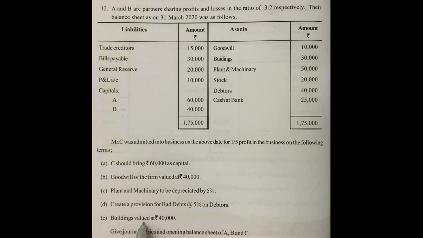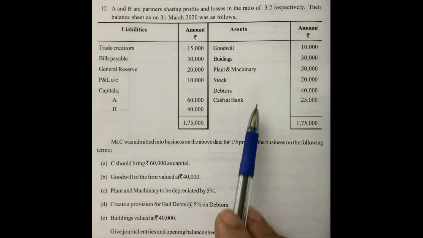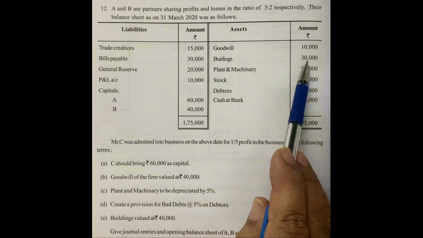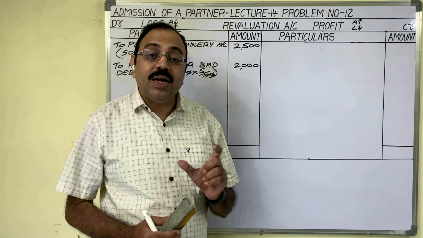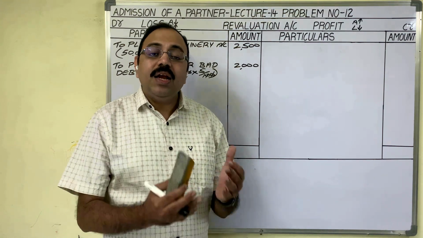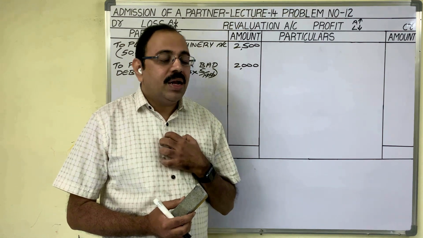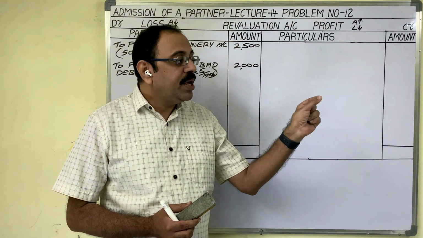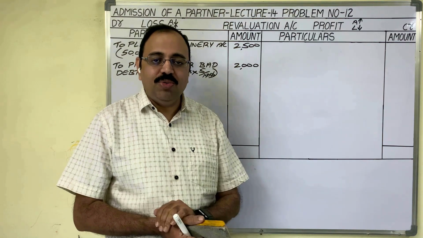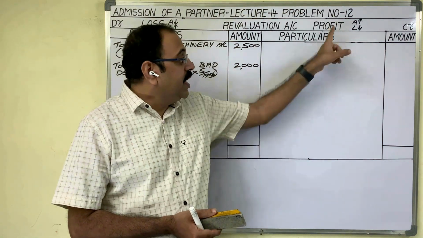Next, buildings valued at 40,000. In the old balance sheet, the building value is given as 30,000 rupees. At the time of admission, the old partners revalued this building. They came to know that the market price of this building is 40,000 rupees. Building is an asset.